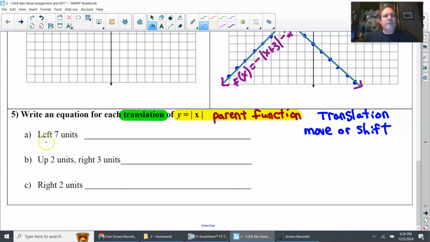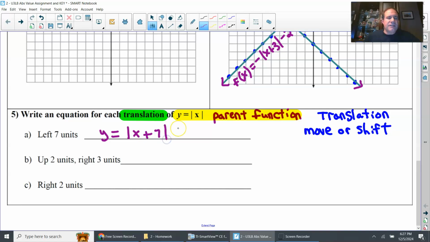So if you're going left 7 units, we're just going to have y equals, and this is compared to the parent function of the absolute value. So an absolute value that shifts left 7 would have an absolute value bar and an x and then plus 7.